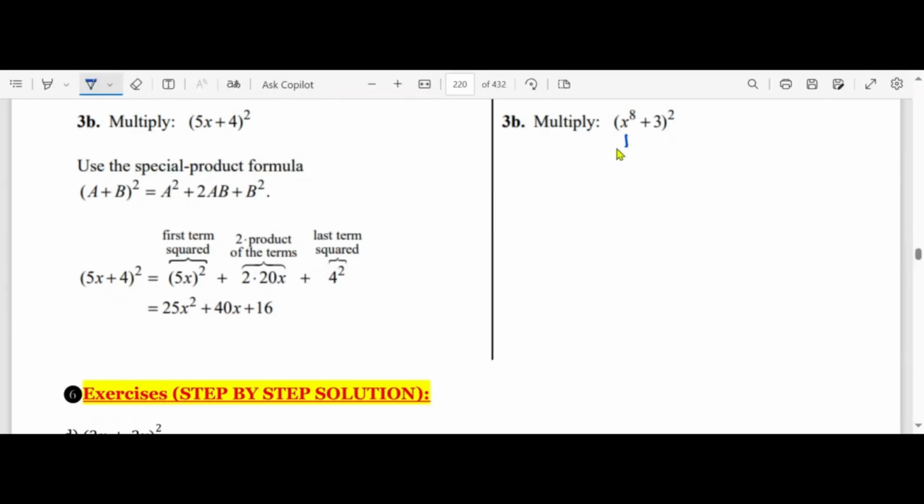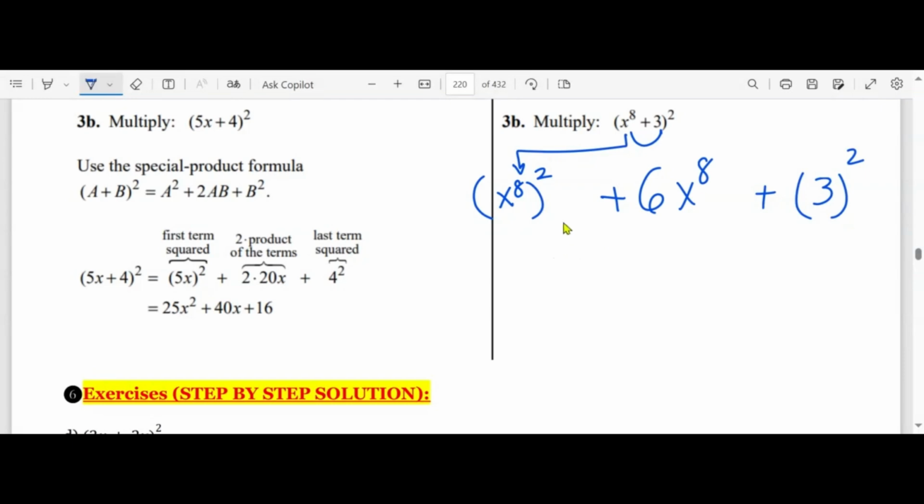Now I have this. What should I do? Square the first. Square the last. Multiply the first and the second times 2. What do you get? That's power of 64. First times the second times 2.